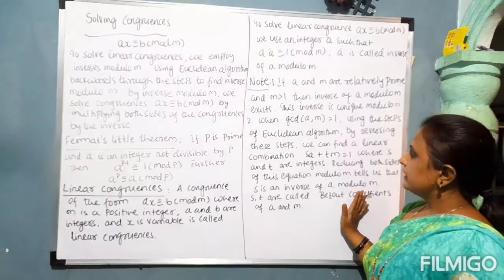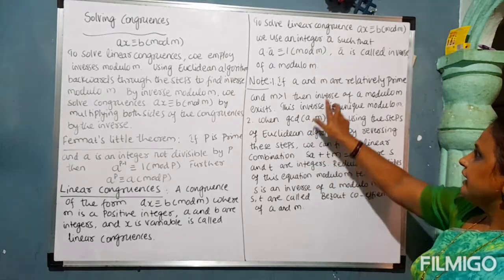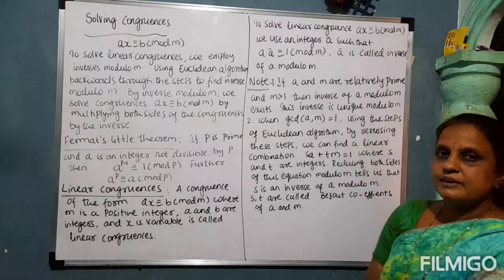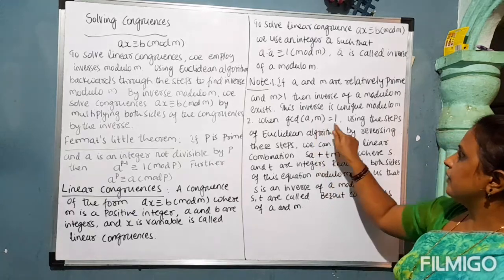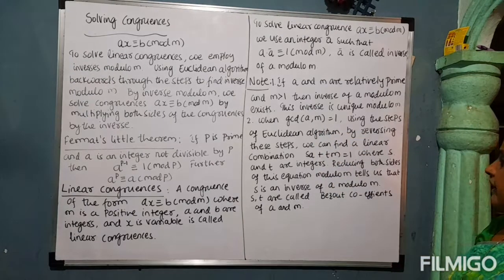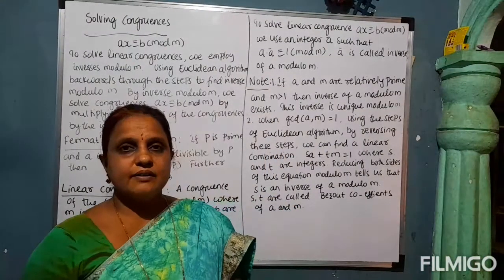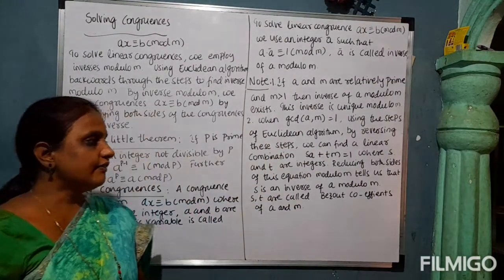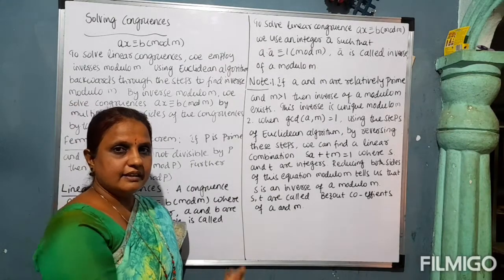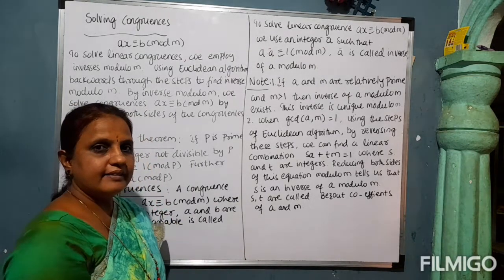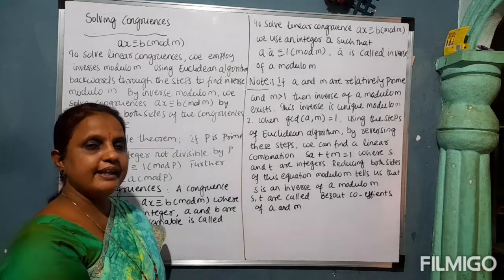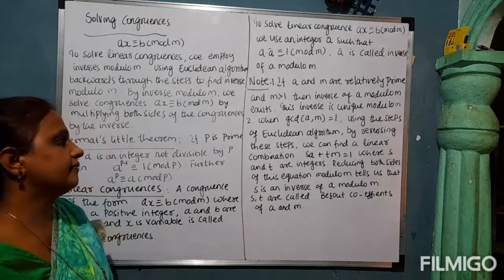One more thing: when a and m are relatively prime, meaning GCD of a, m is equal to 1, we can use the Euclidean algorithm. The Euclidean algorithm is nothing but finding the factors one by one, expressed in the form a equal to bq plus r.